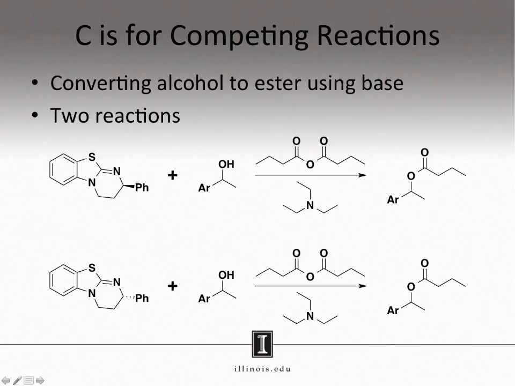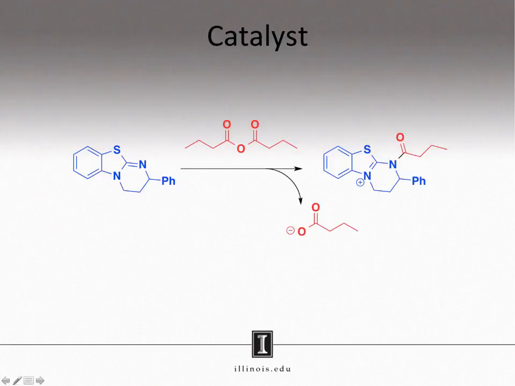Before continuing, let us discuss how HBTM accelerates this reaction. Here on this slide, I have HBTM, and I am exposing it to the anhydride used in this reaction. What's happening here? When HBTM is placed in the presence of an anhydride, it reacts with that anhydride to make what is called a reactive intermediate, which you see here on the right.